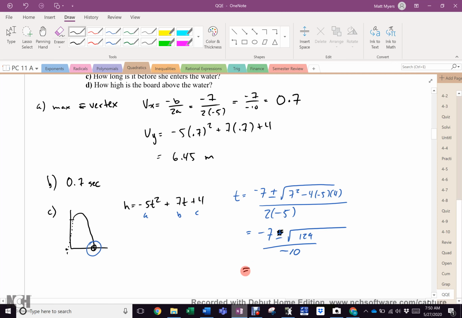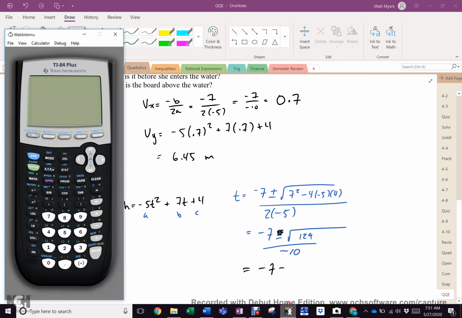So that equals negative 7 minus the square root of 129. The square root of 129 is 11.36.